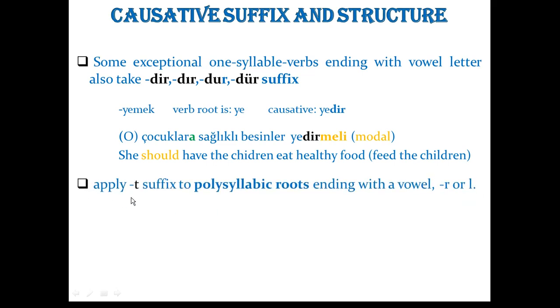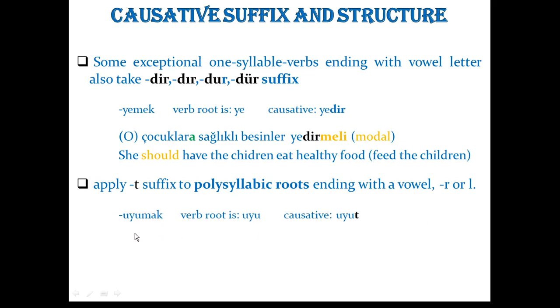The third rule is to apply the T suffix to polysyllabic roots ending with a vowel, but also, as an exceptional case, polysyllabic roots ending with re or le letters, as mentioned in the first rule.